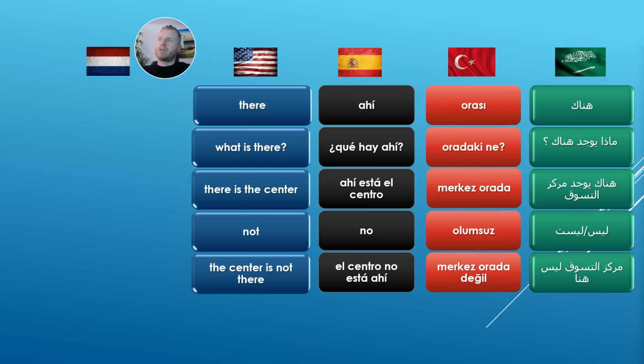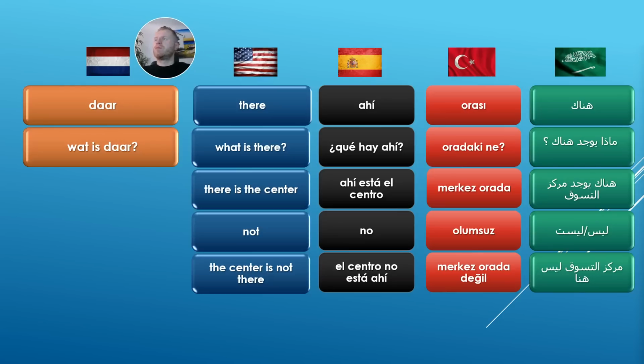There, in Dutch, is daar. What is there? Wat is daar? There is the center, in Dutch: Daar is het centrum.